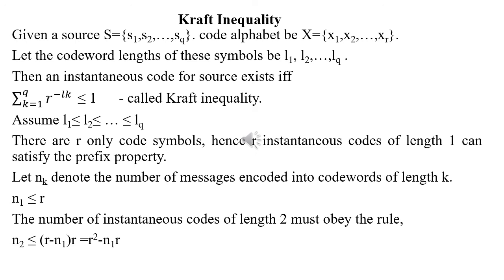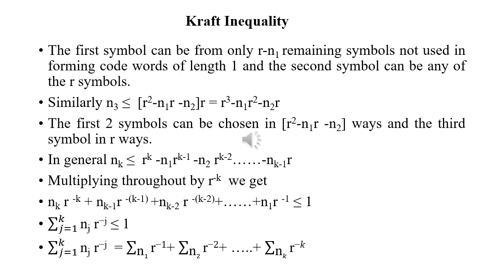The number of instantaneous codes of length 2 must obey the rule n2 less than or equal to (R minus n1) into R. This is equal to R squared minus n1R. Because the first symbol can be from only R minus n1 remaining symbols not used in forming code words of length 1, and the second symbol can be any of the R symbols.